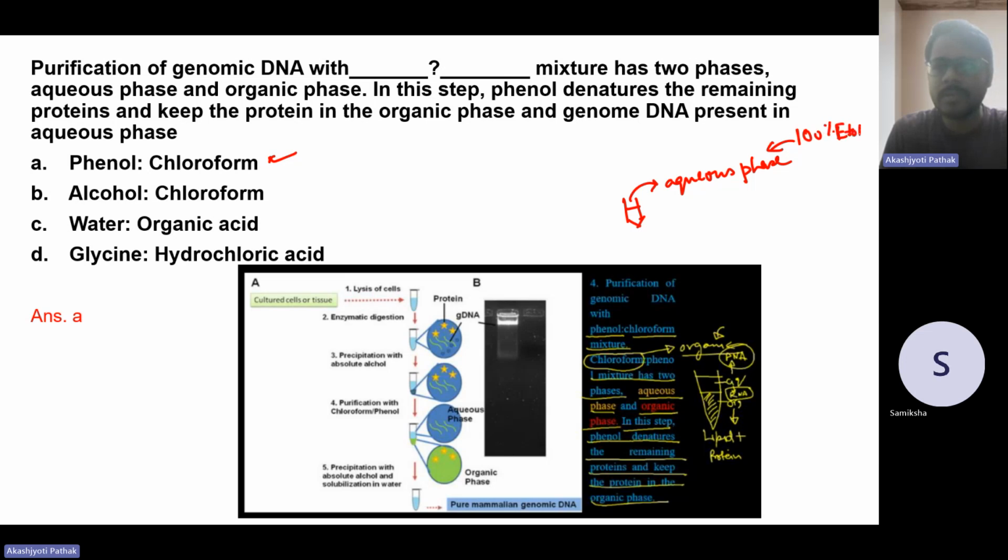When you add 100% ethanol to this aqueous phase, the DNA will get precipitated, and then you can isolate the precipitate and dissolve it in your required buffer. It can be a Tris NaCl buffer or any required buffer that you want to work on. Okay.